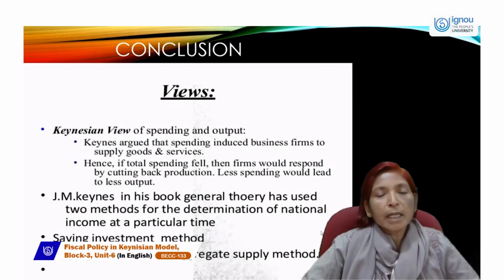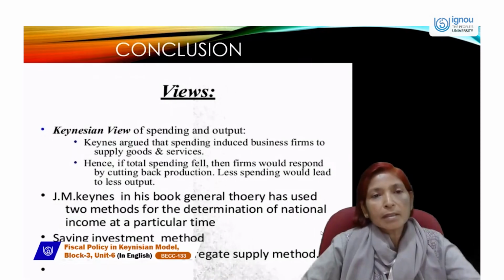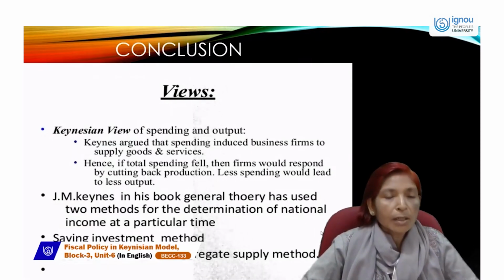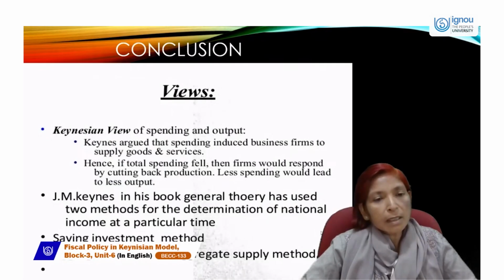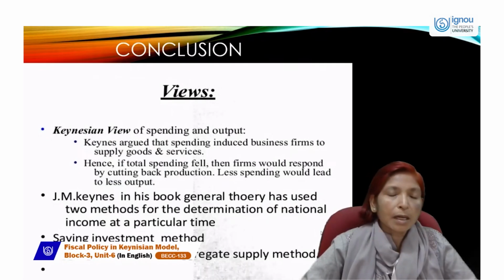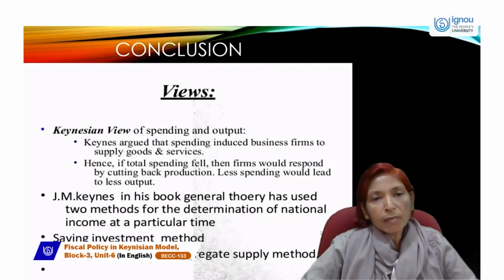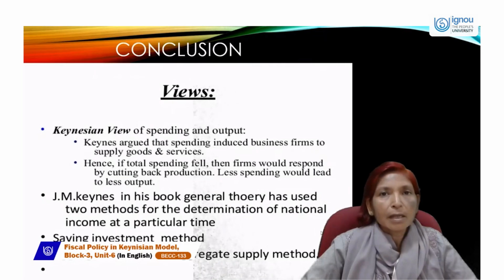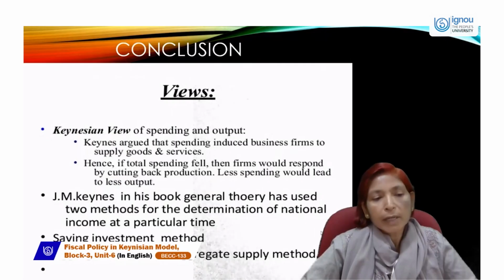So, government expenditure is always considered an injection, not a leakage, because one person's expenditure is another person's income. If the government spends more money, then the economy will respond favorably and production will rise, employment will rise, and further income will rise.